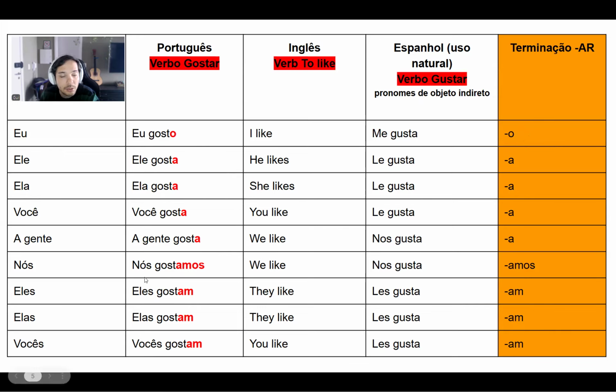Gosta. Nós gostar, delete the two last letters, gostamos. Ok, nós gostamos. Eles, elas, vocês gostam. Nos gusta. Interessante. Tá?